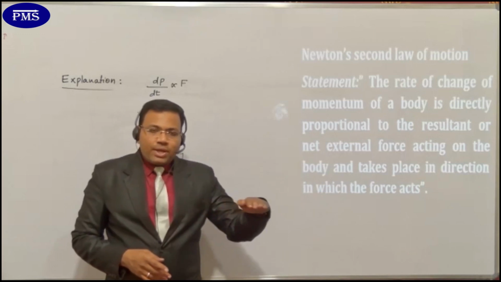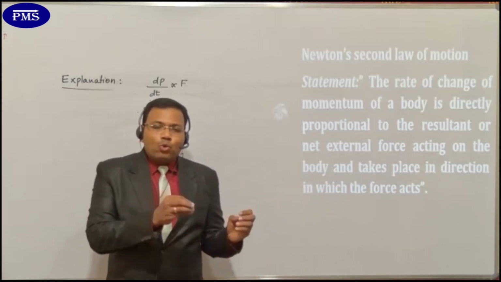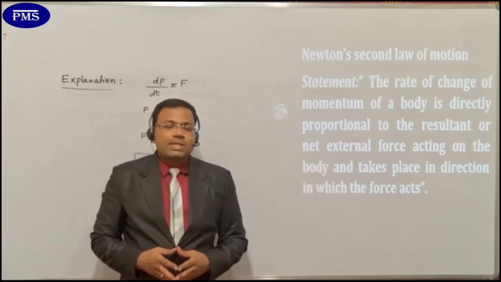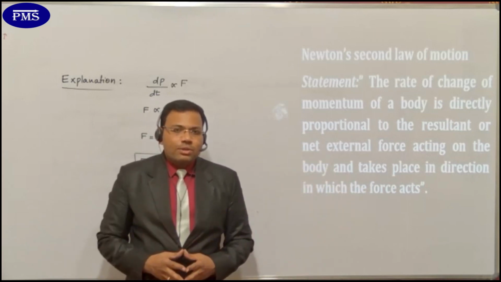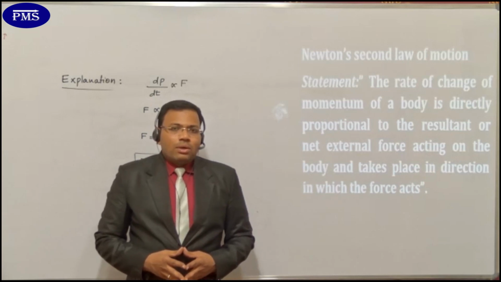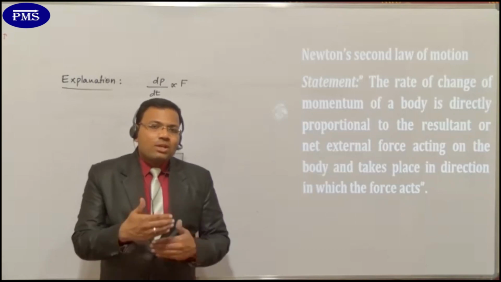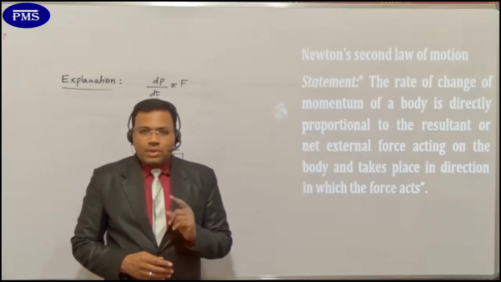The velocity of the conveyor belt will be constant. Whether you keep 2 kg or 50 kg, the velocity of the conveyor belt will be the same. It is not going to change. But on that conveyor belt, we are continuously changing the masses. Are you getting my point?